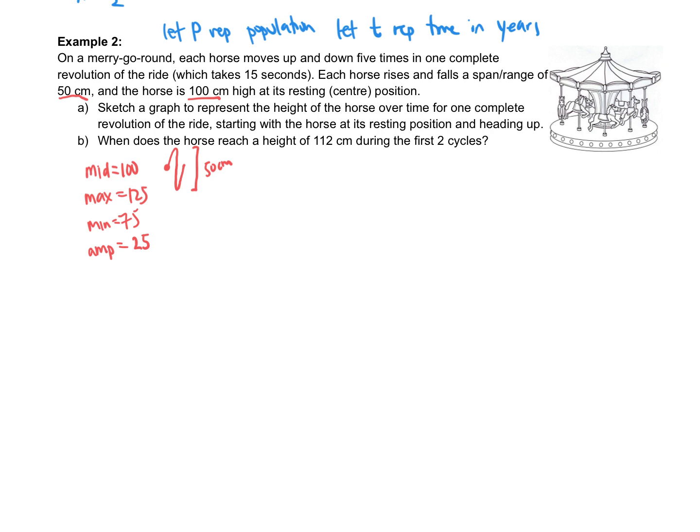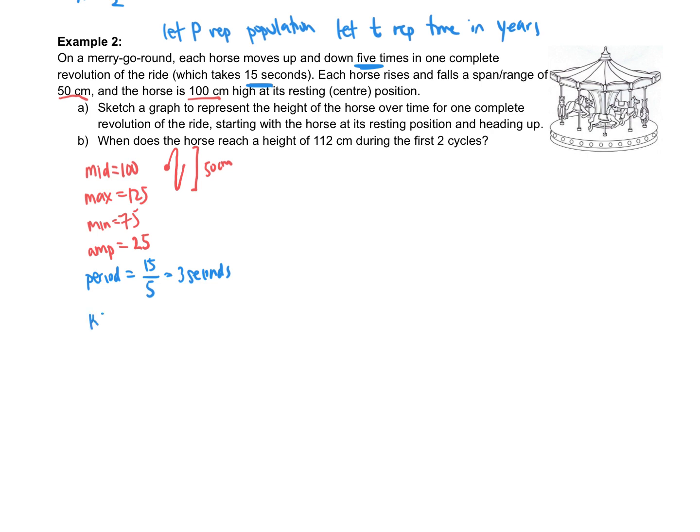Next, I have information about the period. The horse moves up and down 5 times in 15 seconds. So the period is going to be, in 15 seconds, we have 5 up and downs. That means 3 seconds per cycle for the horse, okay?